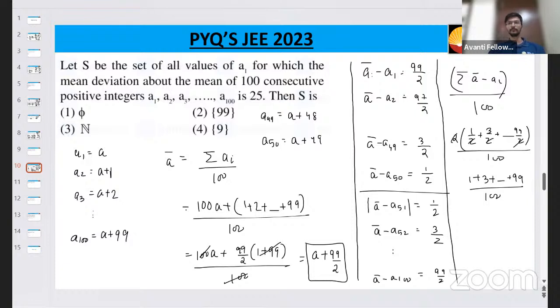Yeah, this is an AP. So n by 2. Fifty numbers are there.